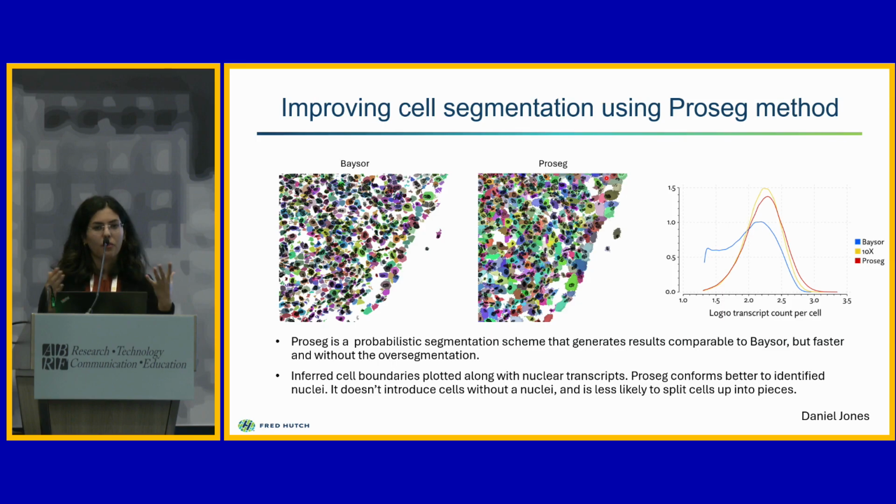Up to here, everything that I talked about was on one of our kidney datasets, and we were only looking at the cell segmentation that comes out of the machine itself. We knew that cell segmentation is a really important part of it. Imagine that you get half of the transcripts in a cell from a T cell and half of the transcripts from a tumor cell, and you call it one cell.